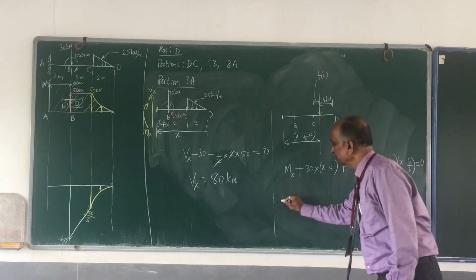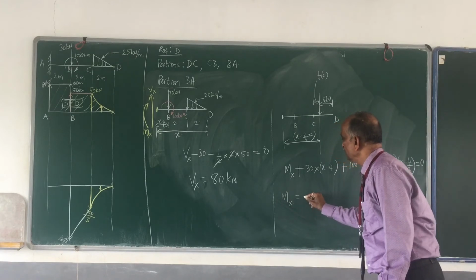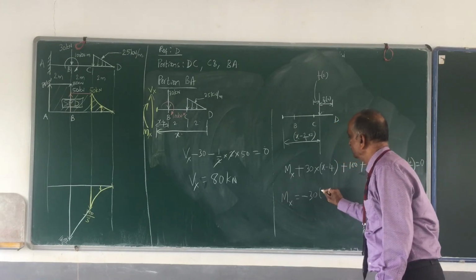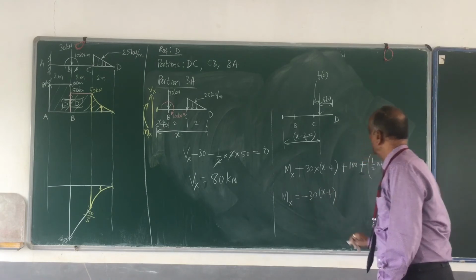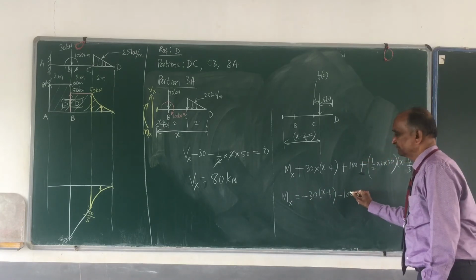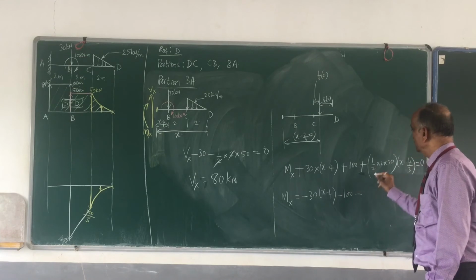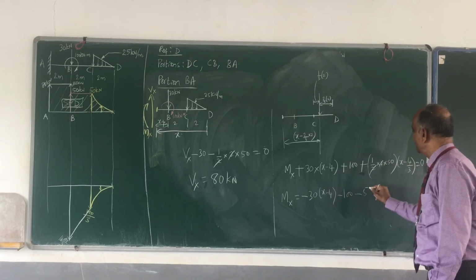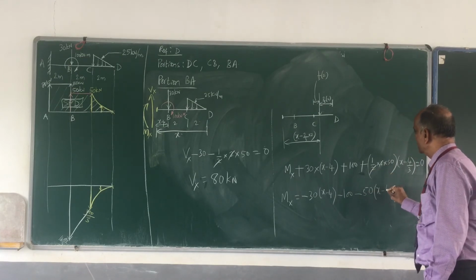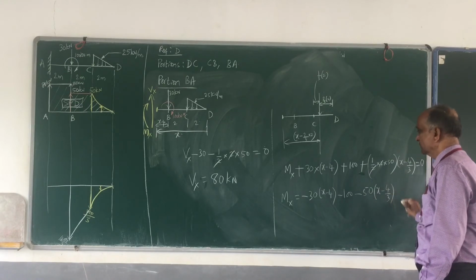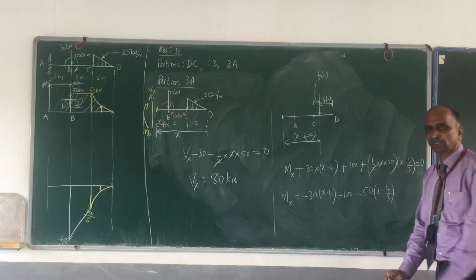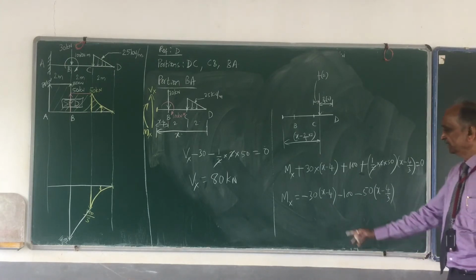So therefore Mx is equal to, you have shown me all negative, minus 30 into x minus 4, then minus 100, then the 2 cancels, and minus 50 into x minus 4 by 3. All this is the expression for Mx. Observe it carefully.